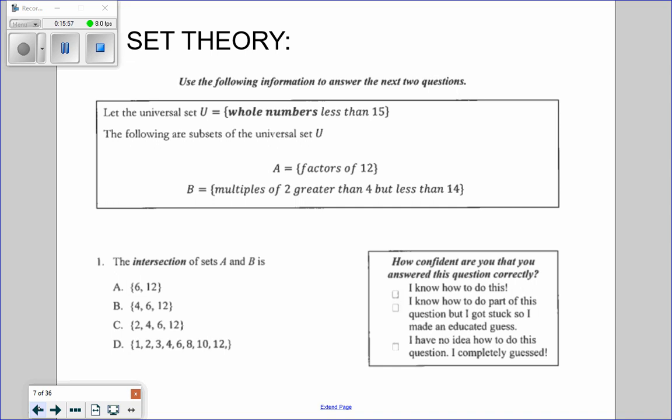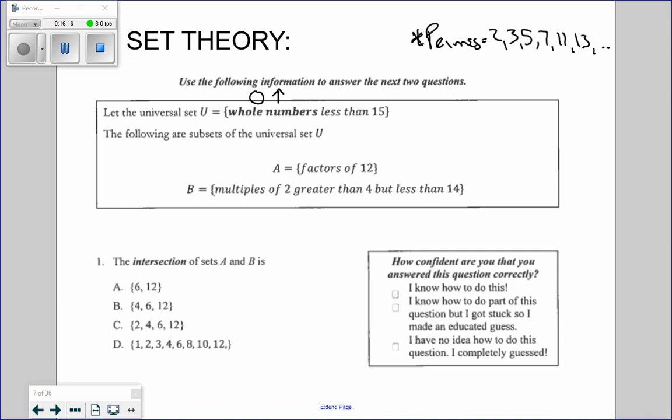Now, with set theory, you have to know your definitions. Whole numbers are 0 and up. Just off to the side here, you should know what primes are. Primes are 2, 3, 5, 7, 11, 13.